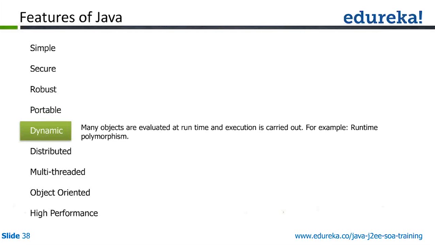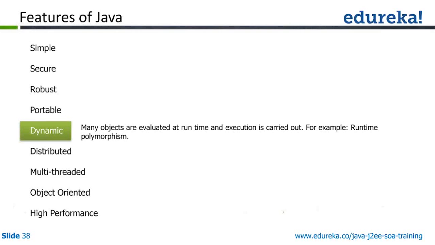So it's dynamic. We'll look at some of these features here. We say there are many objects that are evaluated at runtime and execution is carried out. One of the examples is runtime polymorphism. We'll also see certain patterns towards the later part of the course, and these patterns help you write a lot of dynamic code.